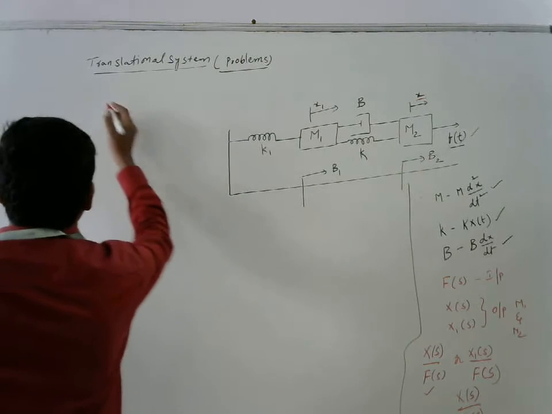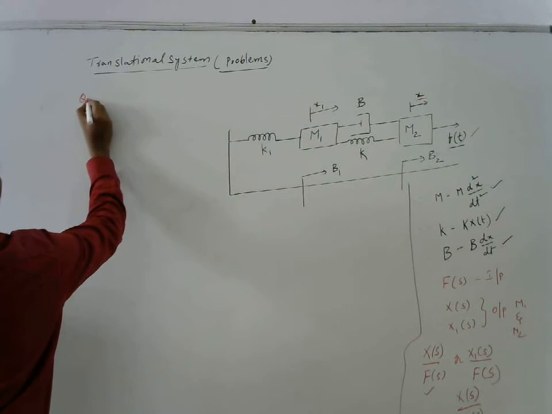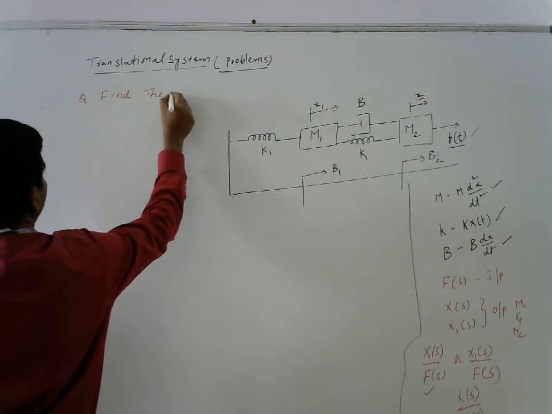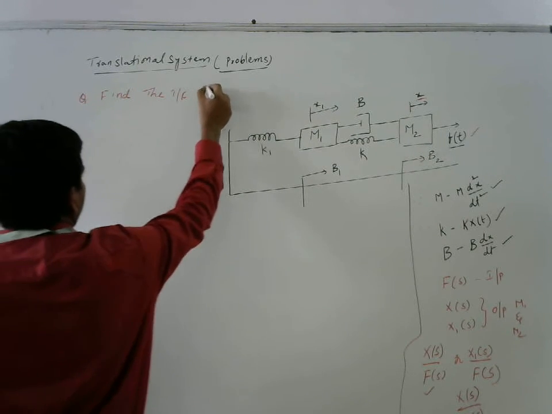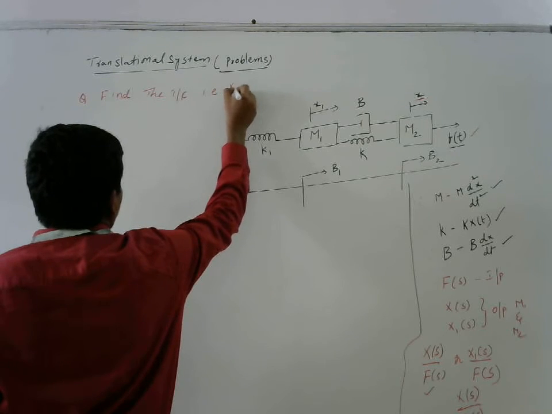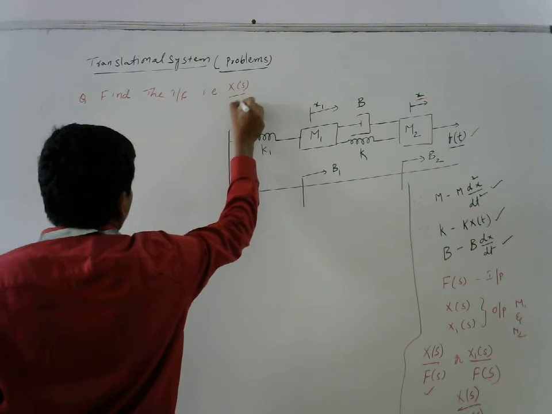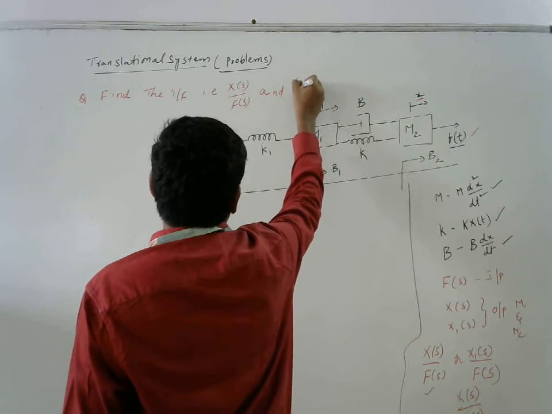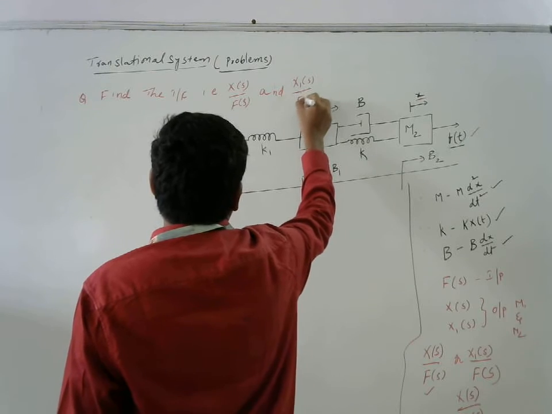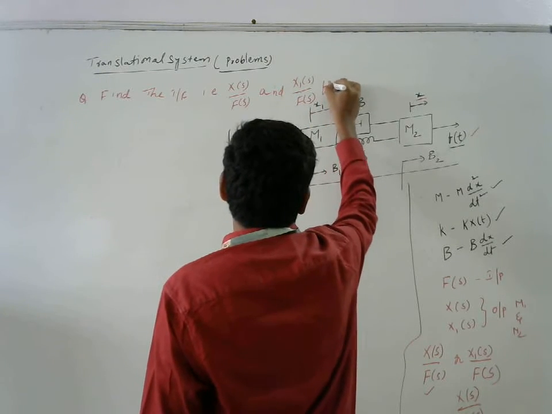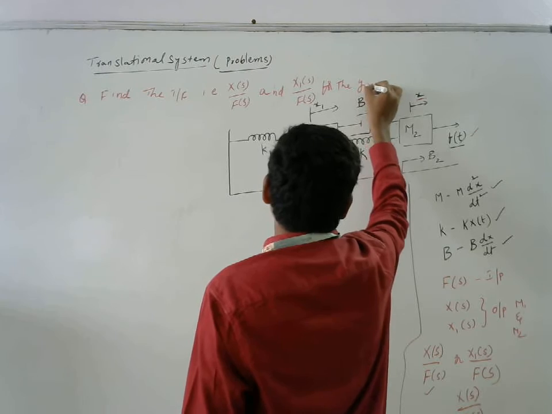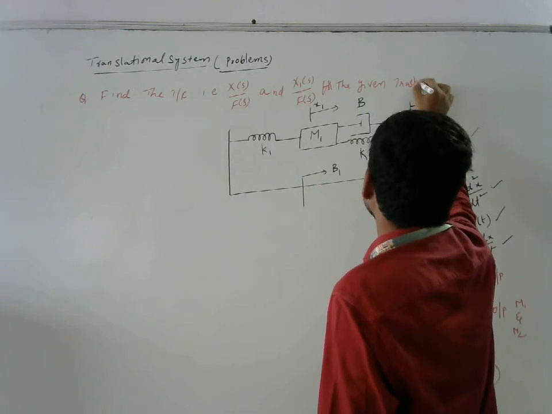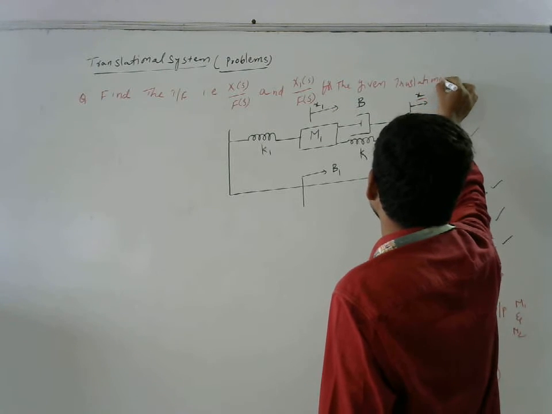I am writing a question here. Find the transfer function, that is x of s by f of s and x1 of s by f of s, for the given translational system.